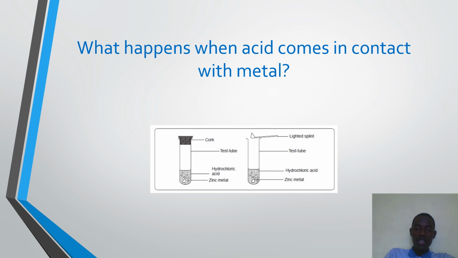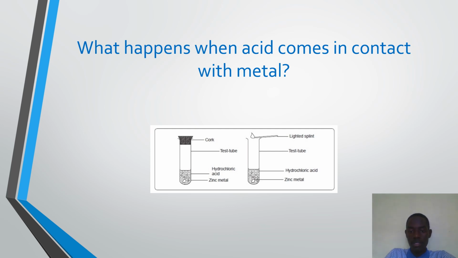From the diagram shown on the screen, on the first part there is a test tube which is corked. In this test tube there is hydrochloric acid and zinc granules.